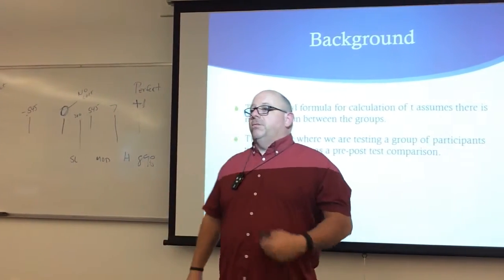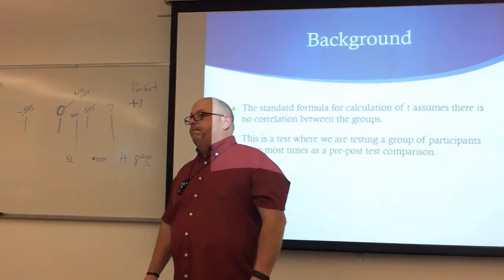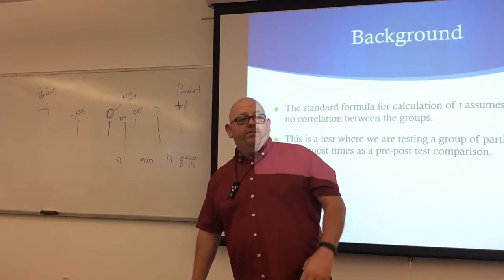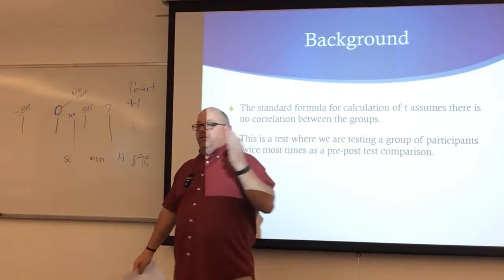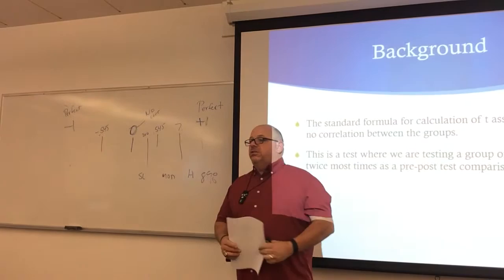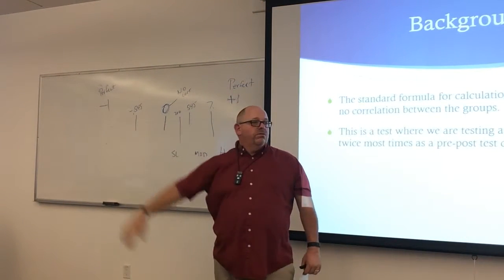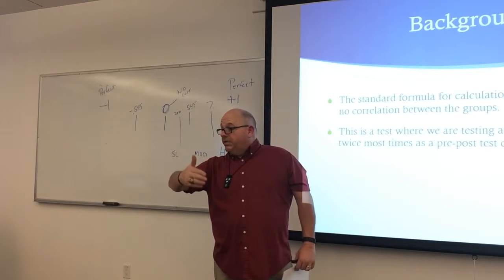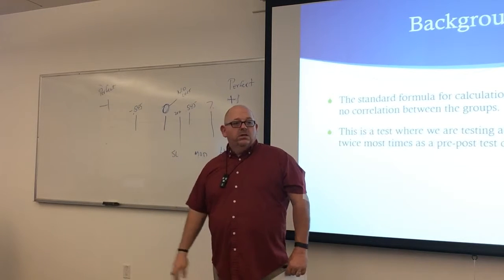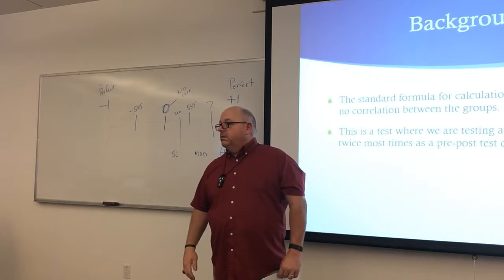So when you hear something like a 5-year study, they have probably done multiple tests and checks and balances along the way to see if there's improvement after 3 months, 6 months, 9 months, and so on. In here, it's a pre-test, 3 weeks, and a post-test. It's as simple as you can get.